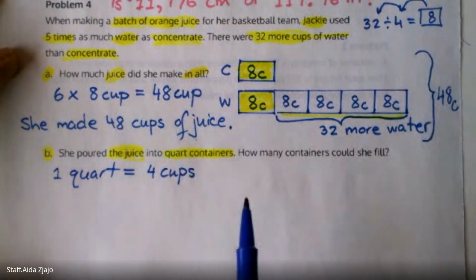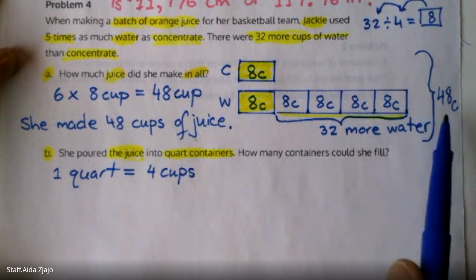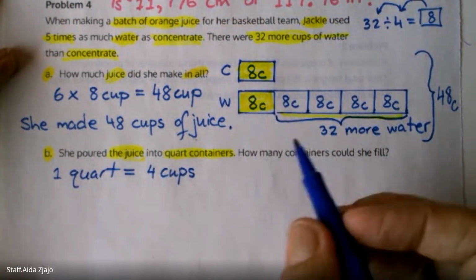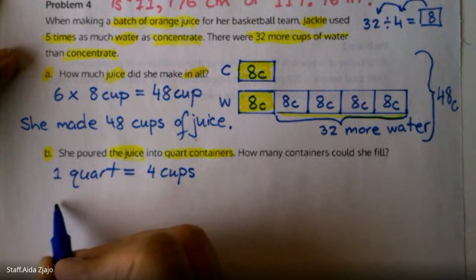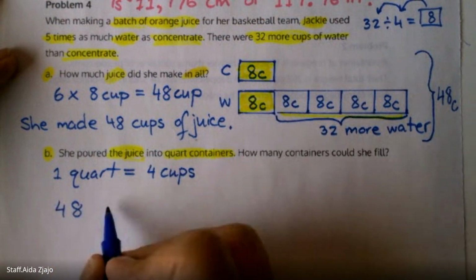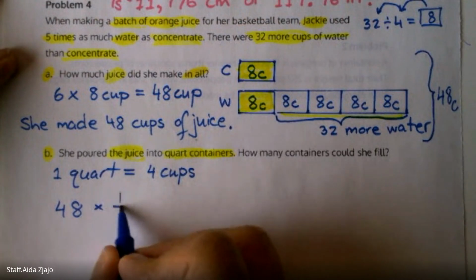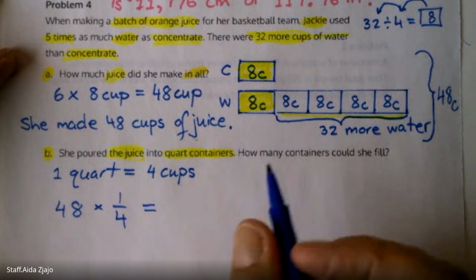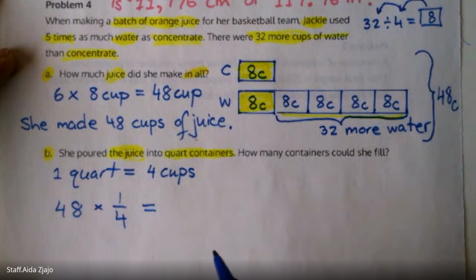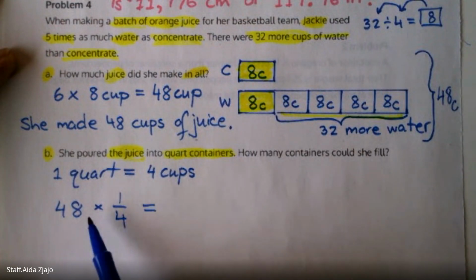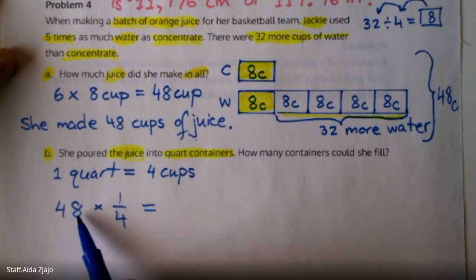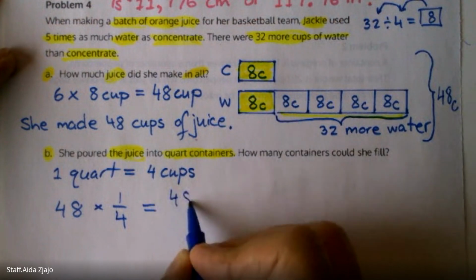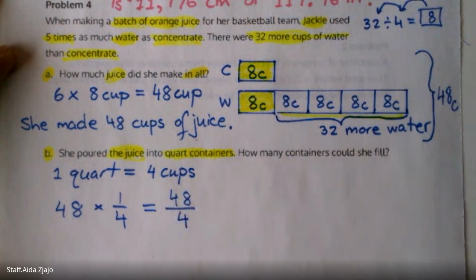So when you know that, we have 48 cups, and then we need to divide. We can say 48 times 1/4 will give us how many containers we'll need. 1/4 means 48 divided by 4.